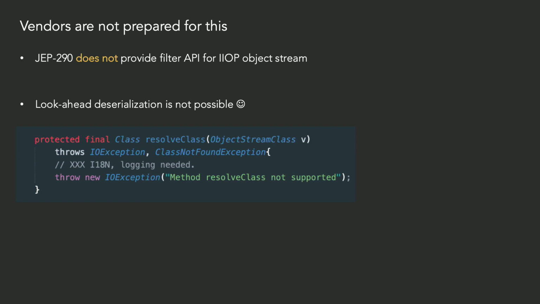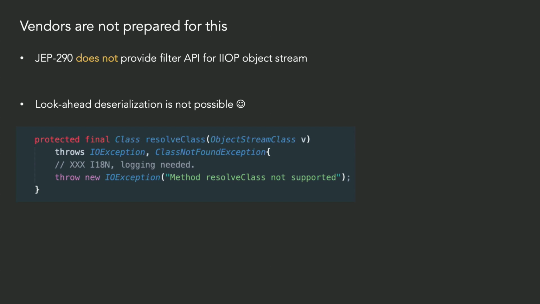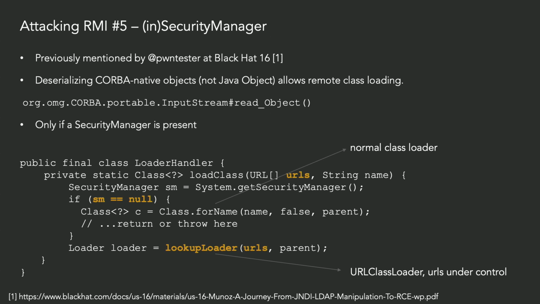So there can be no way the look-ahead deserialization can be used in this case. And JEP 290 also does not provide any filter API for the input stream. So there's no way for now to prevent this without touching the internal API of the package. So cool, let's move on.